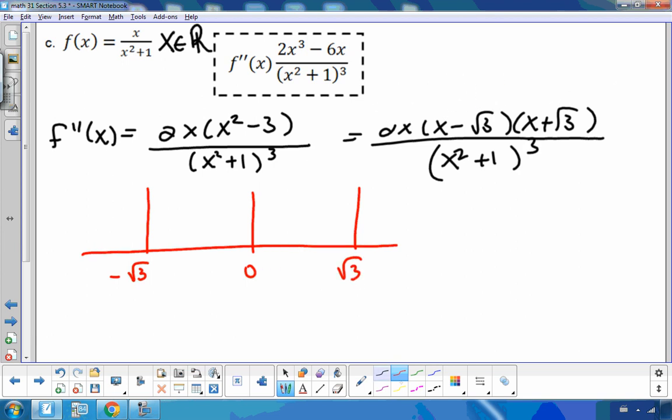So let's look at each part of the second derivative and use our intervals to test. Let's start with 2x. 2x is 0 right here. So to the left, this factor will be negative. To the right, it will be positive. This factor here is 0 at root 3. So to the left, it's negative, and to the right, it's positive.